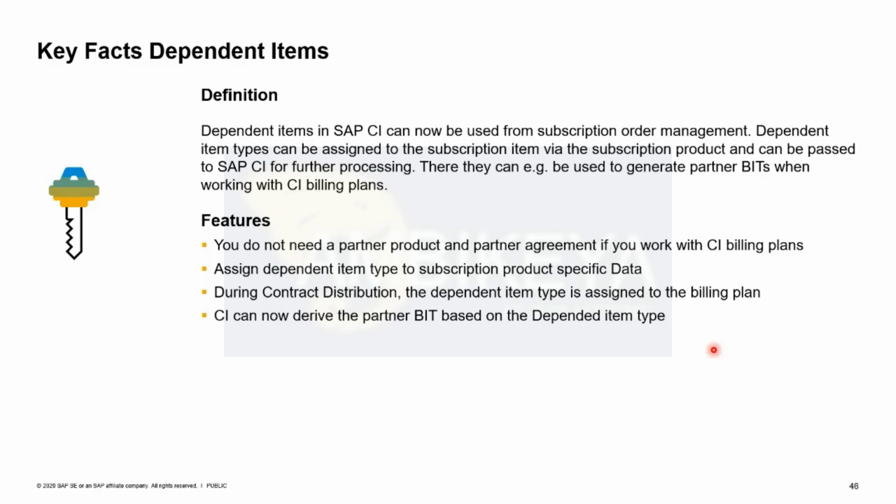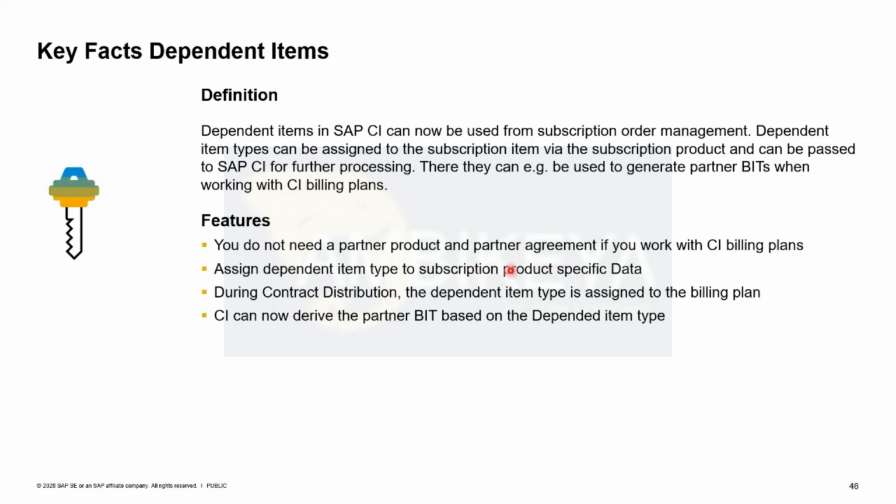But with CI bill plans, we now do not have to create all this additional master data like a partner charge plan, partner product, and a partner agreement, or even transaction data like a partner agreement. All this can be managed differently. So now you need to assign a dependent item type to a subscription product.